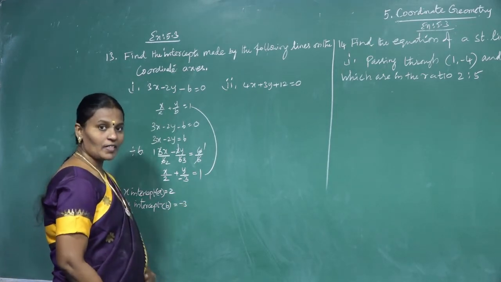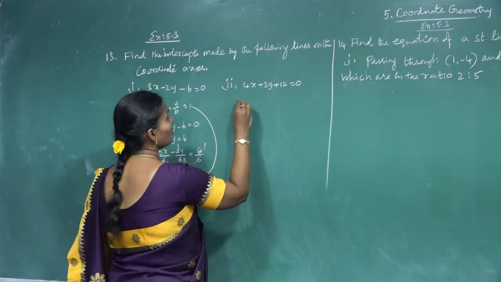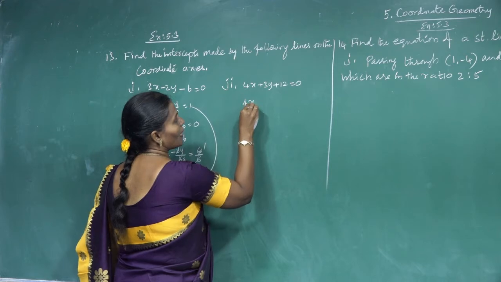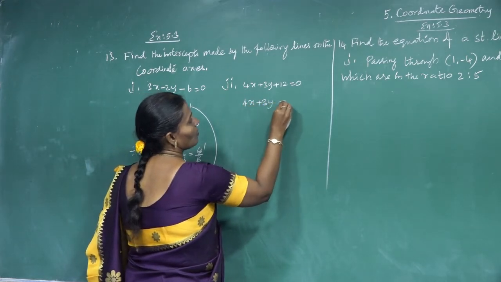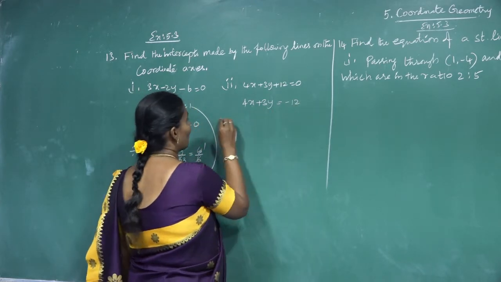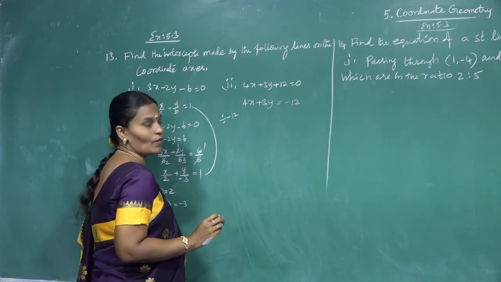Understand children? Good. The same model here also we apply. See, here the constant term, bring to the right side. So 4x plus 3y is equal to minus 12. Here we need 1, so divide by minus 12.